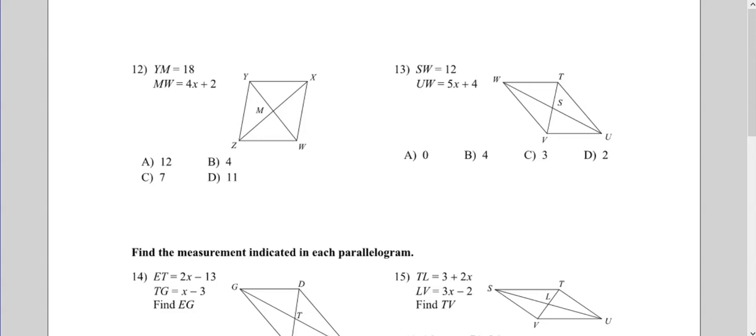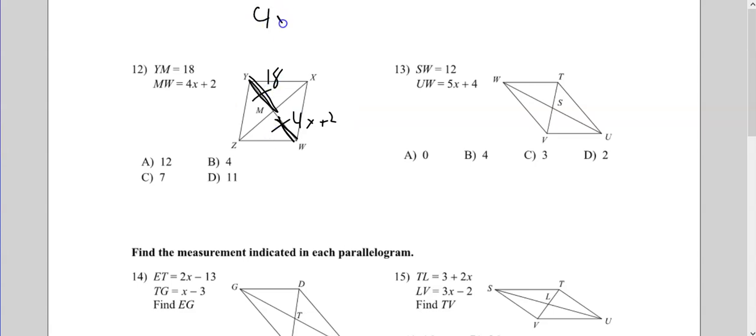Okay, now on these you got to be careful, and it sometimes helps to label stuff. Okay, so YM, that's right here. Okay, that is 18. And then MW is right here. That's 4x plus 2. Now remember, diagonals bisect each other. That means this piece is equal to this piece.